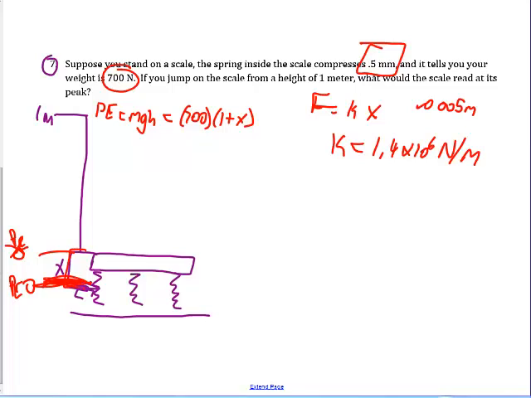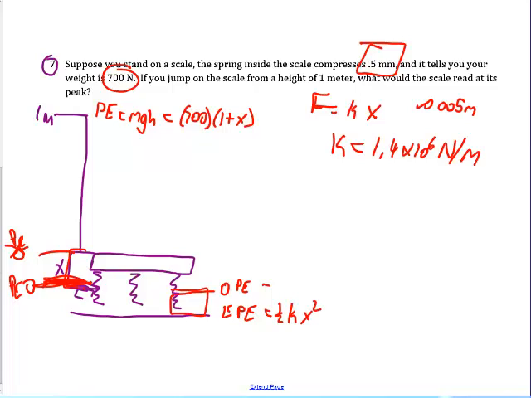Now they fall, they hit, the scale compresses till right here, and now we have zero potential energy from gravity, and all we have is elastic potential energy. So this is equal to elastic potential energy, which is 1/2 kx squared.